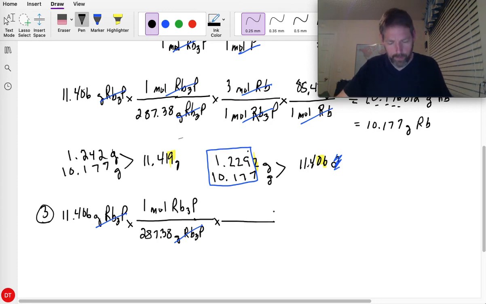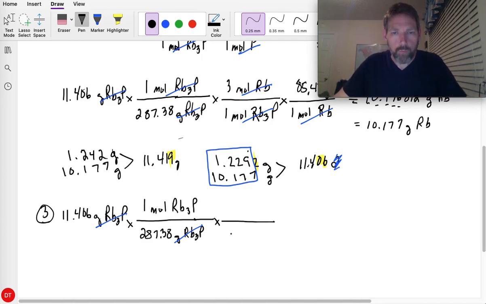All right, so what are we trying to figure out in this one? Total number of atoms. We've got a whole bunch of stuff here, right? We figured out up top that we only had a fraction of 1 mole. If we're dealing with moles, remember we're dealing with Avogadro's number when we're counting parts. This is asking how many atoms total do we have? If you're looking at 11.5 grams, you're looking at a lot of atoms, right?